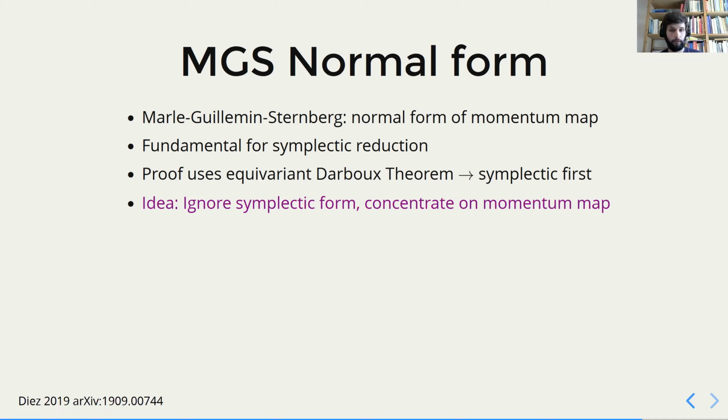And the proof of the Marle-Guillemin-Sternberg normal form uses the equivariant Darboux theorem in finite dimensions. So what they do is you construct this normal form, and then you say, oh, the normal form coincides on the orbit, and then we use the Darboux theorem to say that it actually coincides in the whole tubular neighborhood and not just on the orbit.